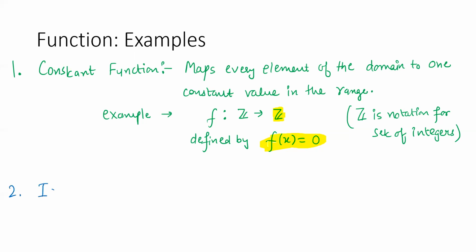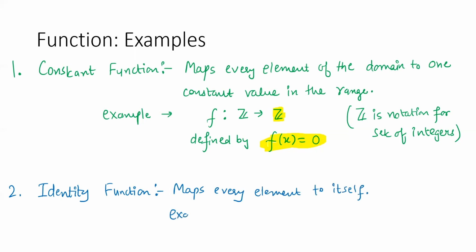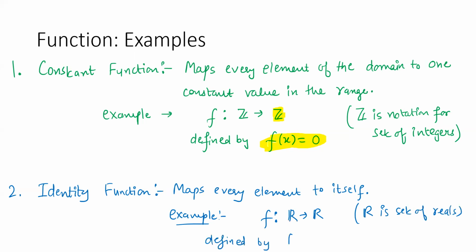And then you can talk about the next kind of function, which is the identity function. The identity function maps every element of the domain to itself. For example, if you define a function from R to R, where R is the mathematical notation for the set of reals, it is defined by f(x) is equal to x, because you are mapping every element to itself.